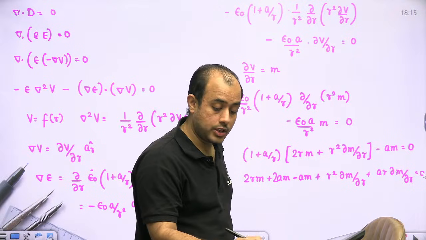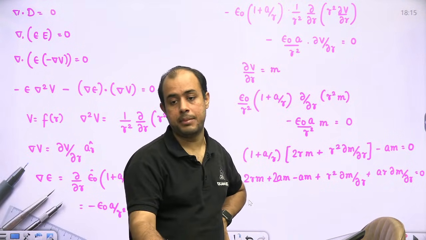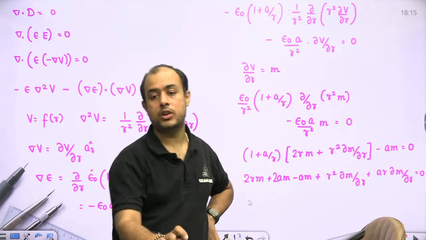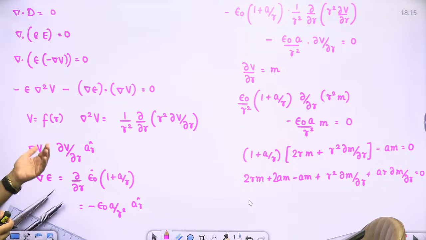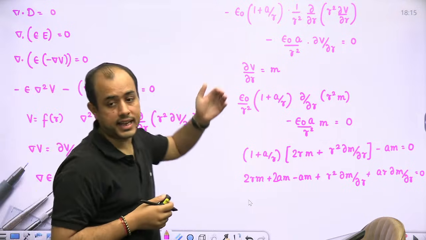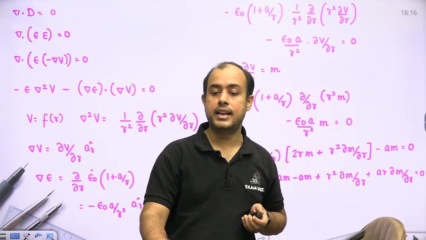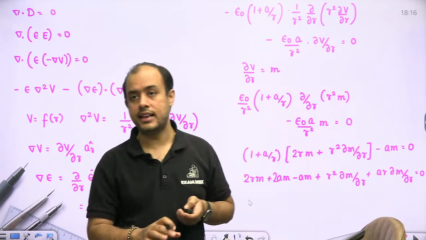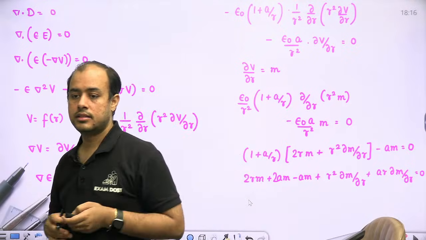So now beta you can solve this differential equation to find M. आप इस differential equation को solve करके M निकालिए. ठीक है. And then after finding M, this will be del V by del R. Then again integrate to find V. Again आप integrate करके V निकालिए, लंबा जाएगा. But that is how you need to proceed.